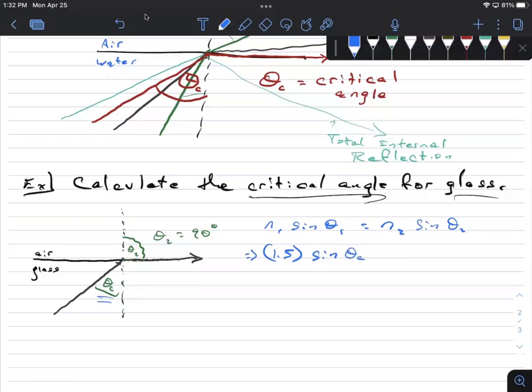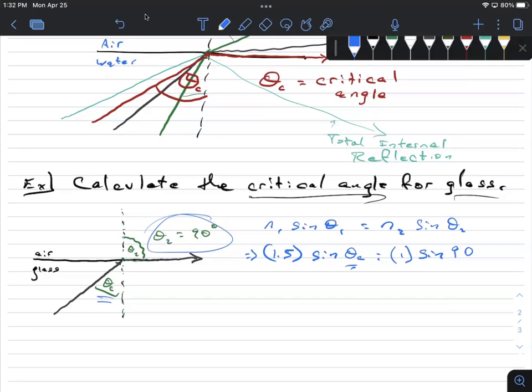So that's the thing I'm trying to calculate. Right side, N2, that's the air stuff. So N2 is 1. What's theta 2? Well, I just showed theta 2 is 90 degrees, and this is always true. If what you're doing is calculating the critical angle for a material, then that forces theta 2 to always be 90. So theta 2 is 90.